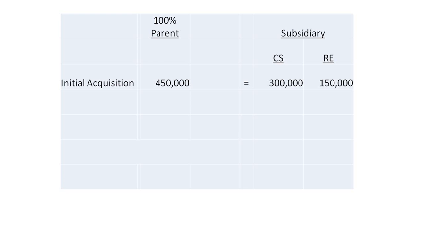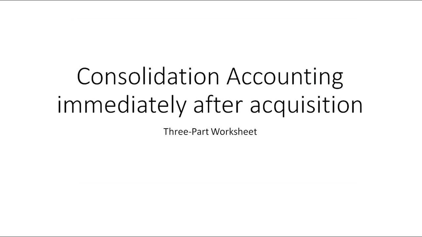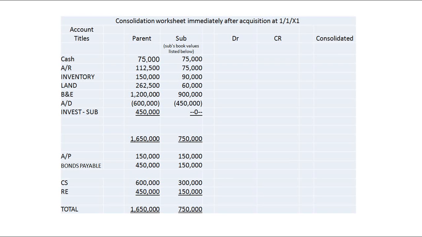This is going to come into play when we do our EJE. At this point, we have debited the investment for $450, credited cash for $450. We see that the investment sub has a balance of $450, and we see also the sub we have there.